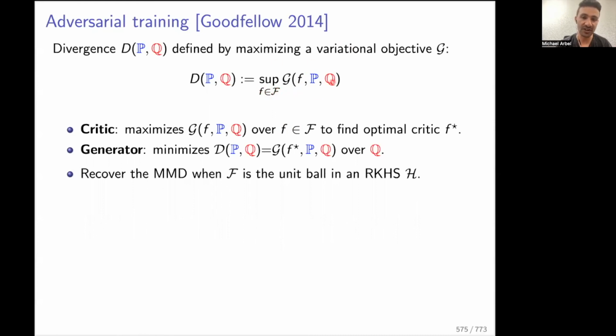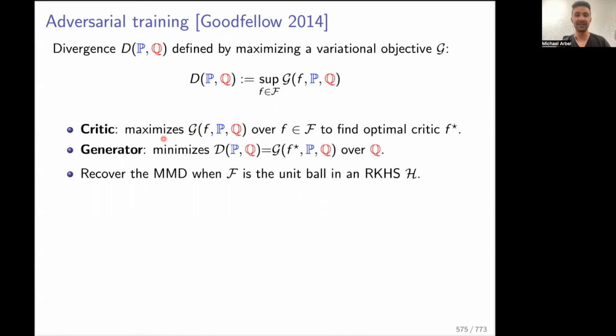And this definition actually recovers integral probability metrics that we've seen in the previous slides, in a particular case, when this variational objective consists in the difference of expectations of the functions f under p and q. So here, these functions will act as a critic that's allowed to distinguish between p and q. So it finds the regions of differences between p and q.